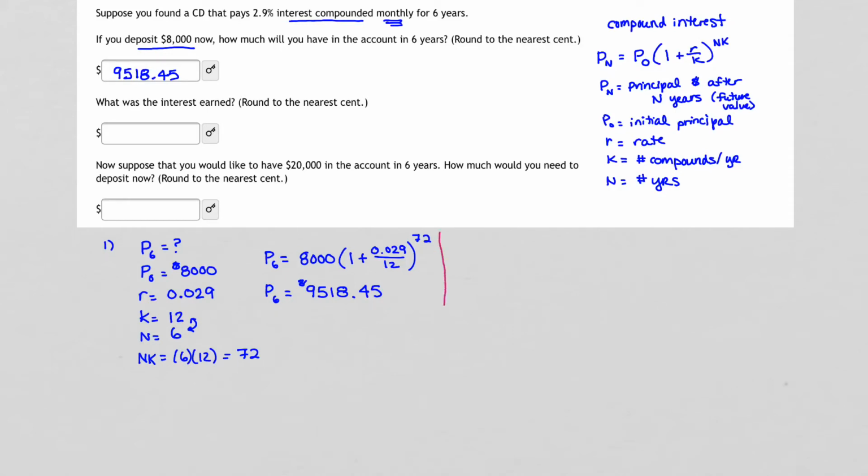For box number 2, we're looking at the interest earned. So how do we get the interest earned? Well, we're going to take our future value and we're going to subtract from it the initial deposit.